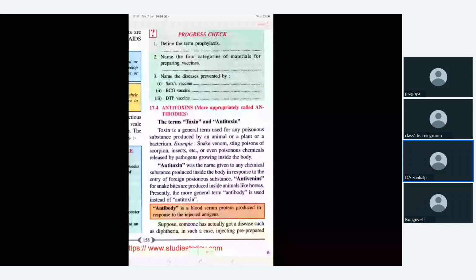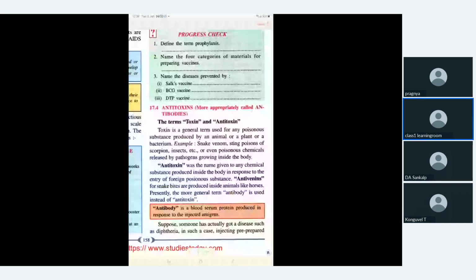The poison present in the snake is the antigen. For that, the body should develop an antibody, and we should design an antibody.